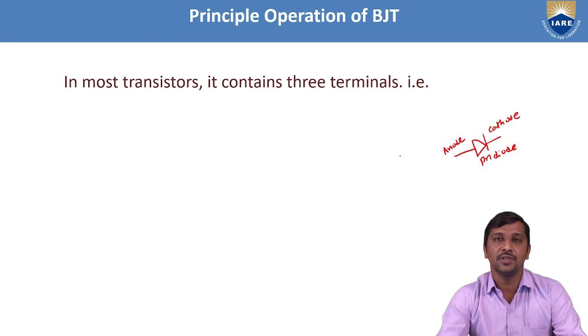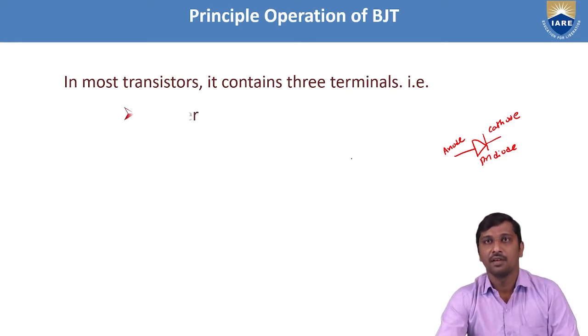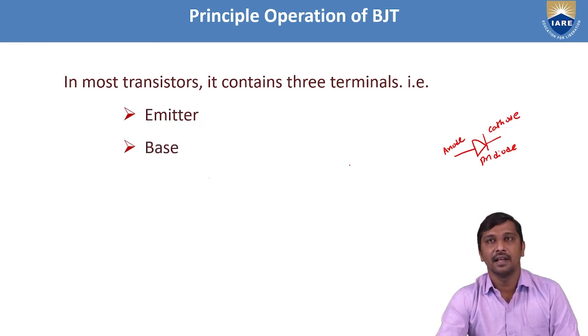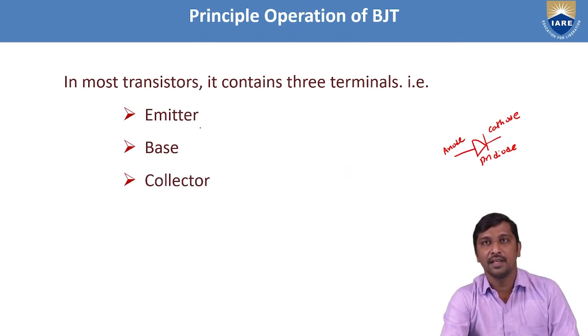Similarly, based on the construction of the bipolar junction transistor, in most cases the transistor contains three terminals: one is the emitter, another is the base, and another is the collector. These are the three terminals of a BJT.